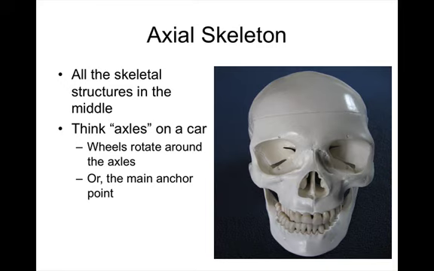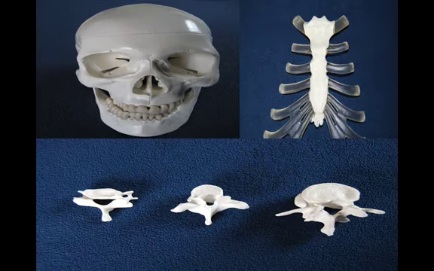So to the right, you're actually seeing a component of the axial skeleton, and that's the skull. So in this set of images, top left, you see the skull. Inside the skull, we have the brain, our eyeballs, various nerves that control our senses like smell and vision. Top right, we're seeing the sternum, commonly known as breastbone, and we see the ribs attached to the lateral part of the outside of the sternum.